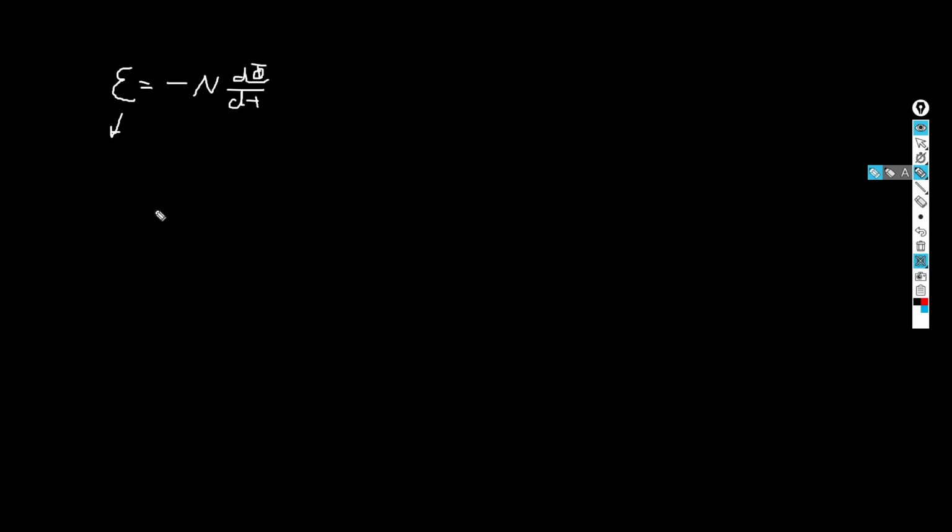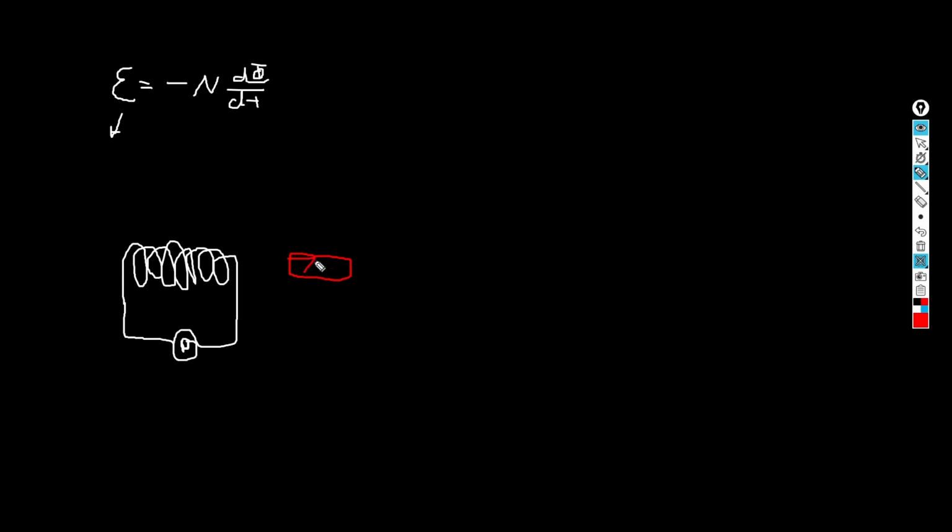Now, let's say you have a wire, a solenoid. And here you have a galvanometer measuring the current, big G. And then here you have a magnet, a north pole, and the south pole also, because it's going to be a straight bar magnet. If you just put the magnet near it without moving, would you get a voltage?